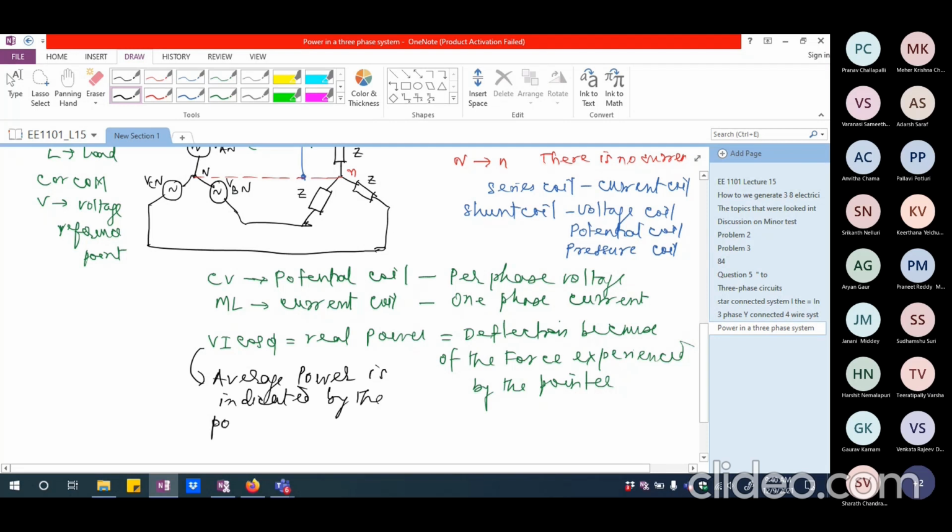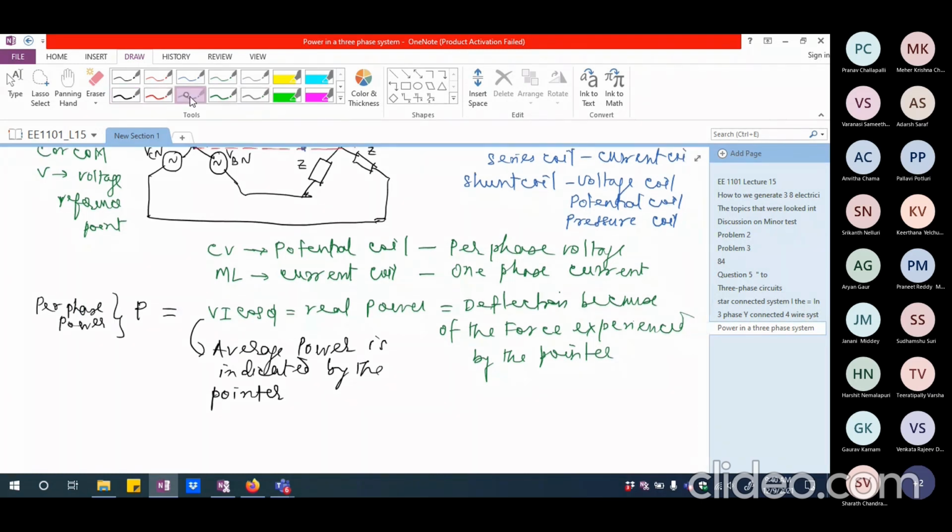So when the average power is indicated by the pointer, that is going to be VI cos phi, which is going to be P, the per phase power. And if I assume that it is a balanced load, the 3-phase power will be equal to 3 times the wattmeter reading.